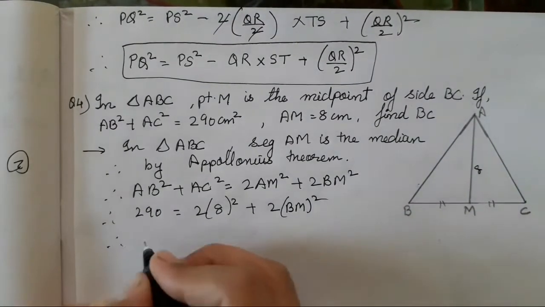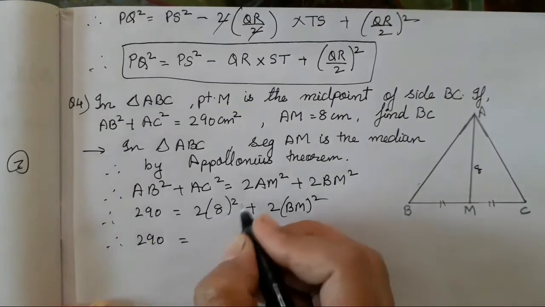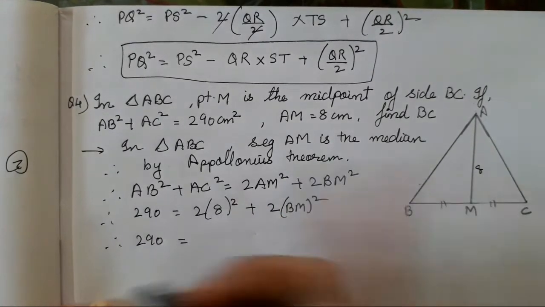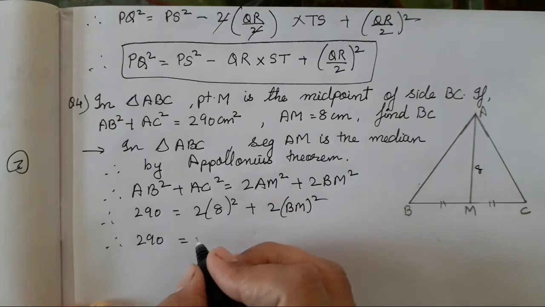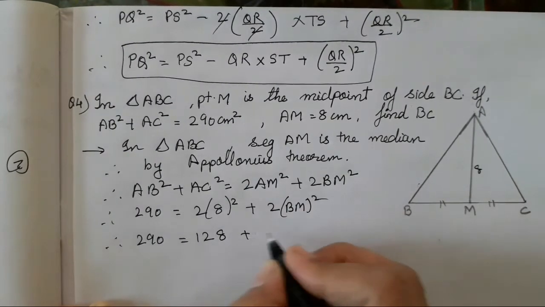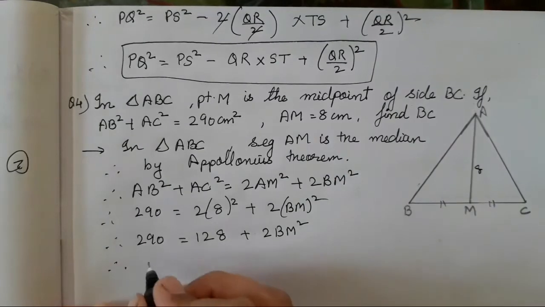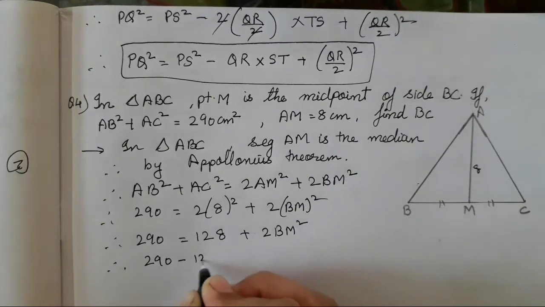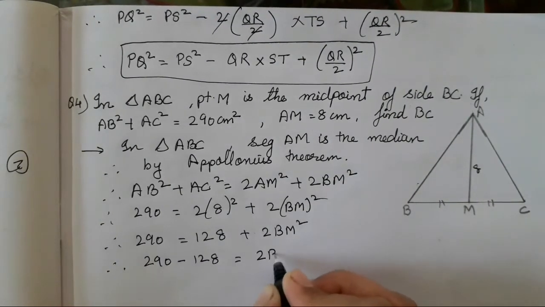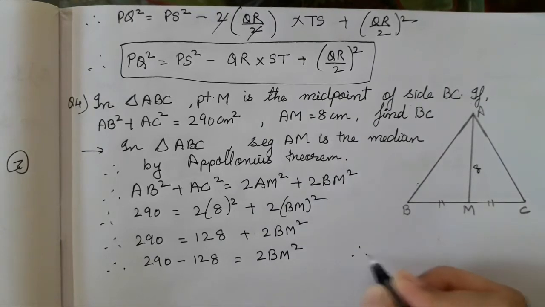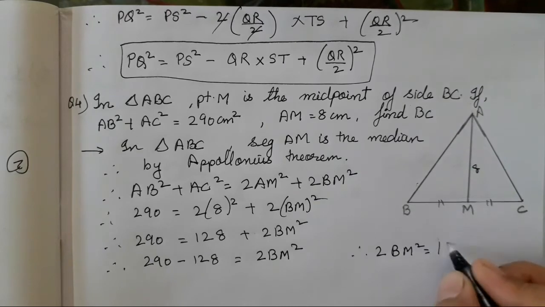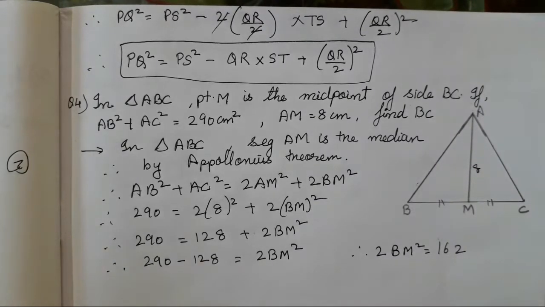Now, 290 is equal to 8 squared, 8 8s are 64, 64 into 2 is going to be 128 plus 2 BM square. Therefore, 290 minus 128 is equal to 2 BM square. Therefore, 2 BM square is going to be 162 when you subtract it.